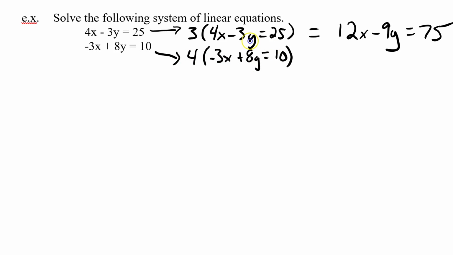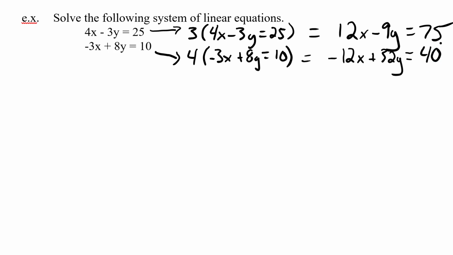And do the same thing with the second equation, so multiply it by 4. 4 times negative 3 is negative 12x. 4 times 8 is positive 32y, equals 4 times 10, which is 40.